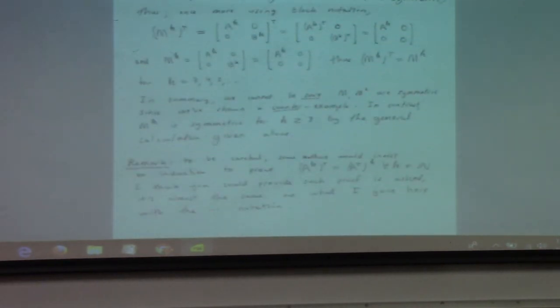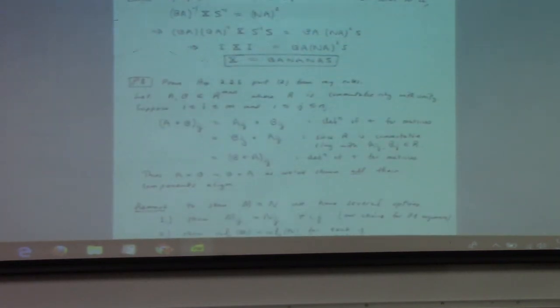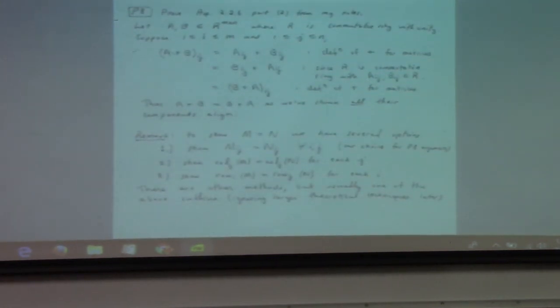You guys know what transpose means, right? What's a symmetric matrix? A is equal to A transpose. What's antisymmetric? Yeah, A transpose is equal to minus A, right? Yeah, that problem is bananas.